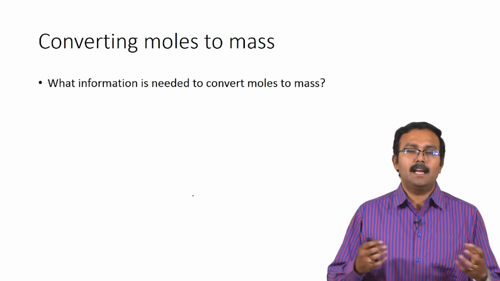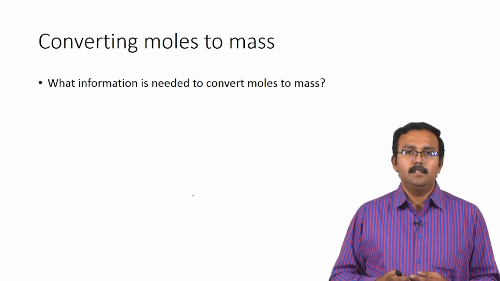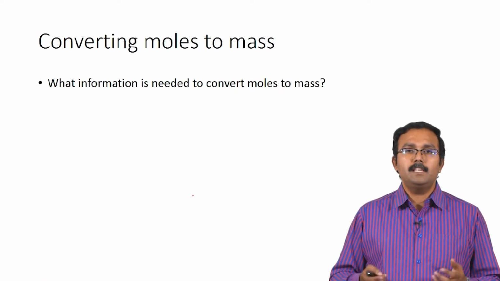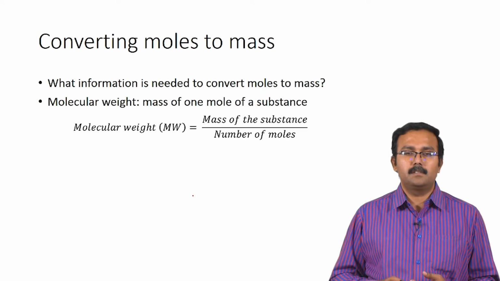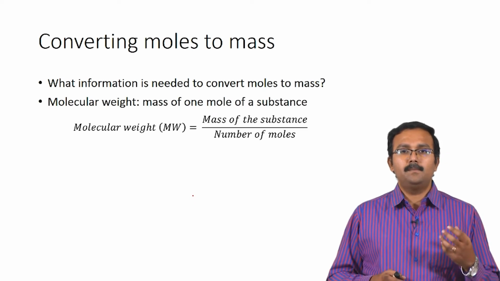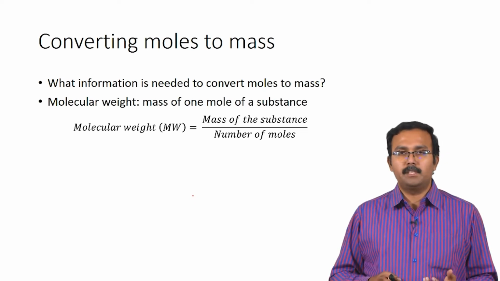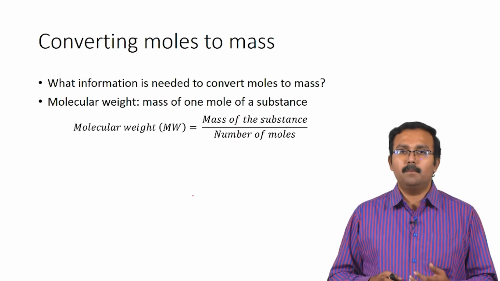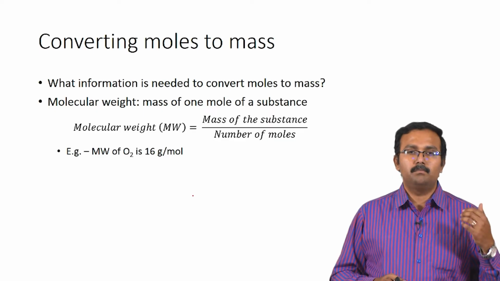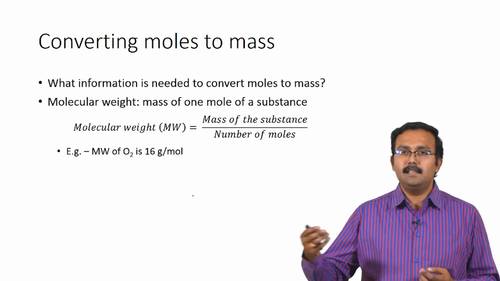Moles and masses can be converted between each other. How would you do that? What information would you need? You need to know the molecular weight of a substance. Molecular weight is basically the mass of 1 mole of a substance. So, it is calculated as mass of substance divided by the number of moles. Molecular weight for oxygen is 16 grams per mole.